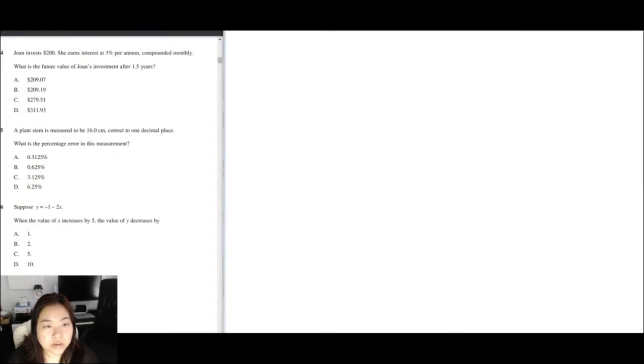4. Joan invests $200. She earns an interest at 3% per annum, compounded monthly. What is the future value of Joan's investment after 1.5 years? Alright, let's write down the important details. $200, 3% per annum, but compounded monthly.